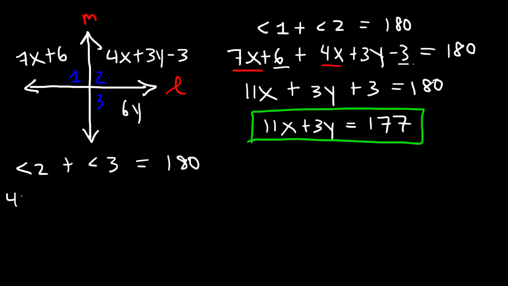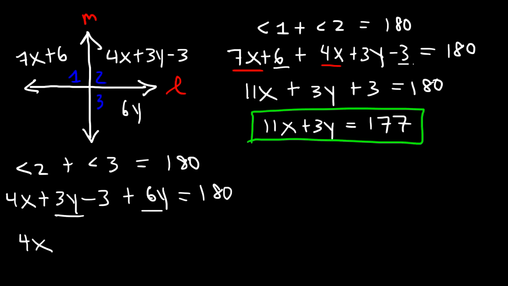Angle 2 is 4x plus 3y minus 3, and angle 3 is simply 6y. So we can add 3y and 6y, that's 9y. So we're going to have 4x plus 9y, and I'm going to add 3 to both sides. So this is equal to 183. So I'm going to put it right next to this one.